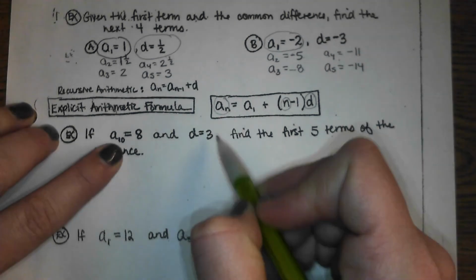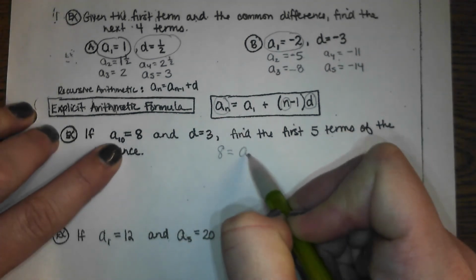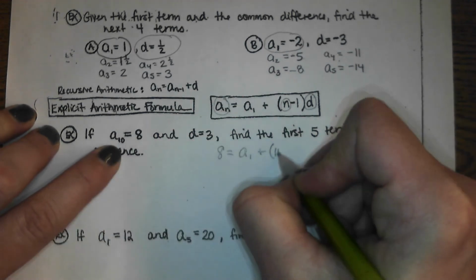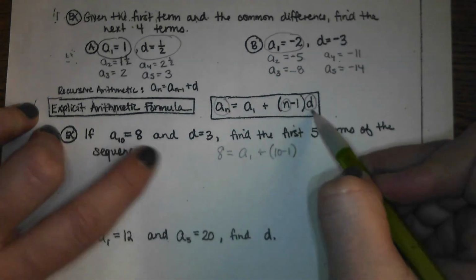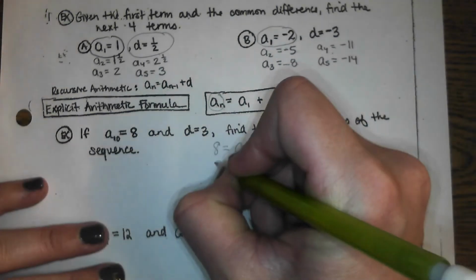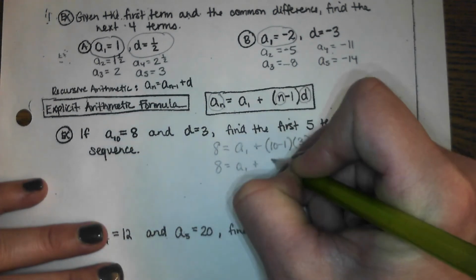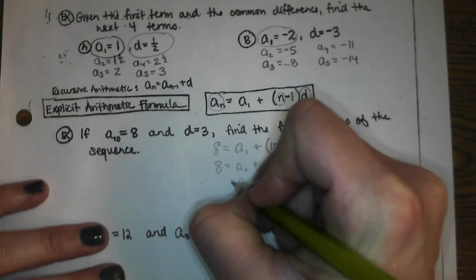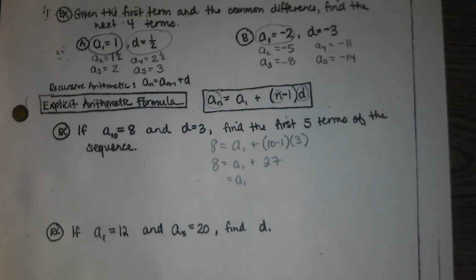The 10th term is 8. The first term they didn't tell us. N, because they gave us the 10th term, N is 10. And D is 3. So we're just going to solve for the first term. 8 equals A sub 1 plus 9 times 3, 27. Agreed? Subtract your 27 over. And A sub 1 equals 8 minus 27 is negative 19.